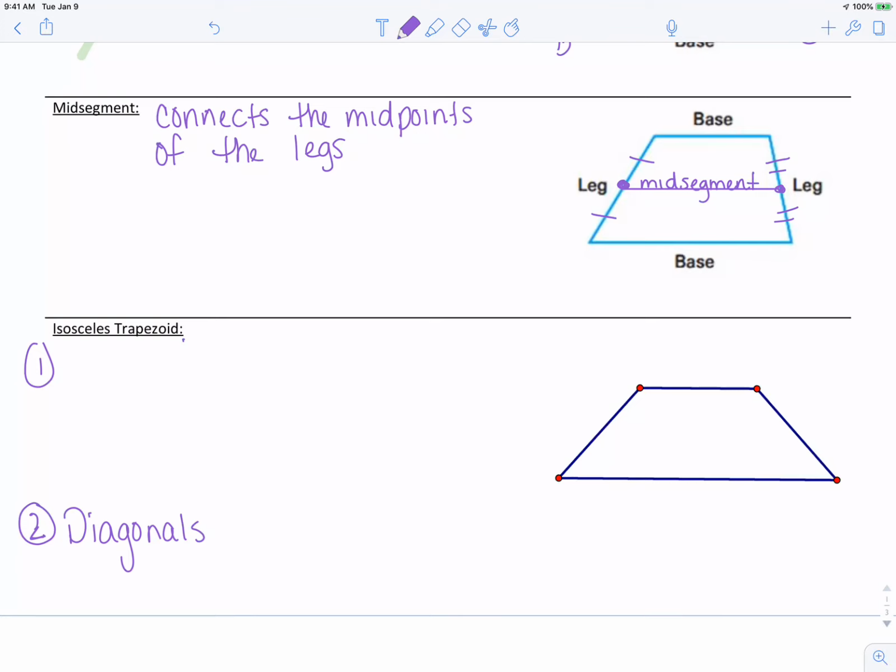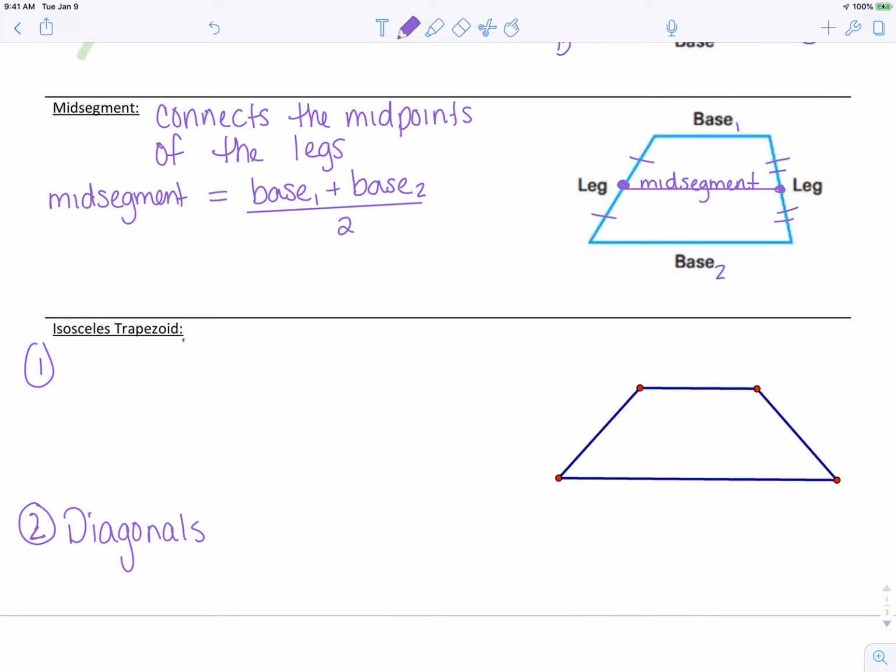There are two properties associated with the mid-segment. The first one has to do with its length. Since it's halfway between base 1 and base 2, it's actually the average of those two lengths. So the length of the mid-segment is equal to the average of the bases. So add base 1 to base 2 and divide by 2.